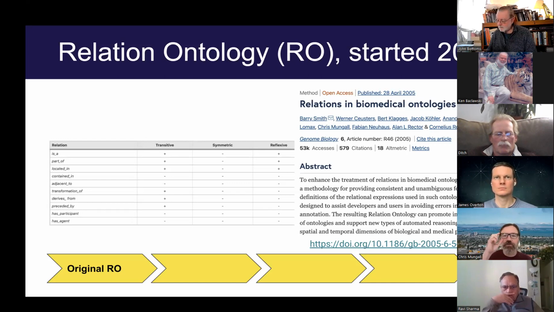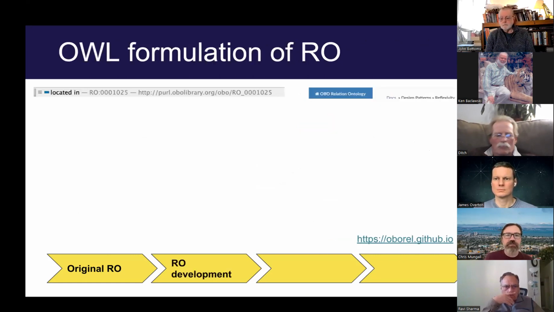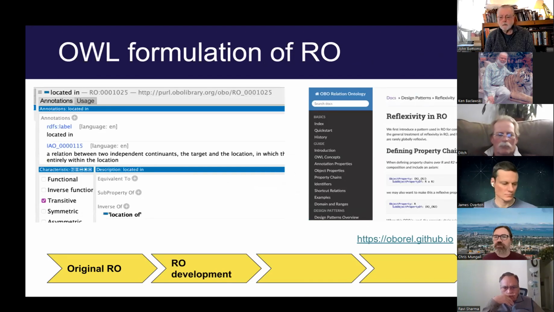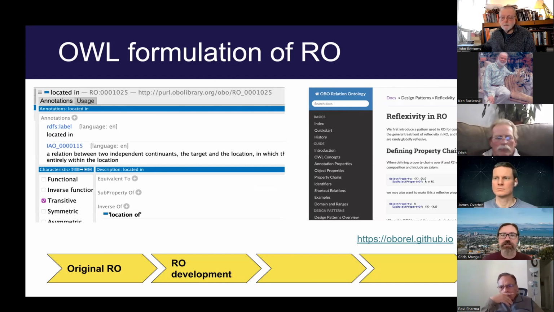Now, the original idea was that RO would be modeled directly using first order logic. For various reasons, OWL started taking off in the mid 2000s, so it made sense for us to adopt OWL wholesale and to use OWL as the substrate for modeling the Relation Ontology.